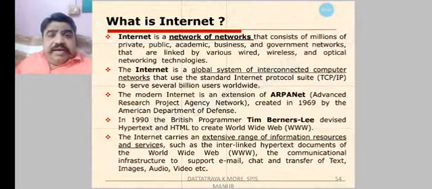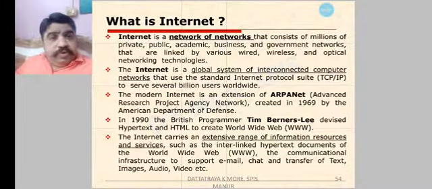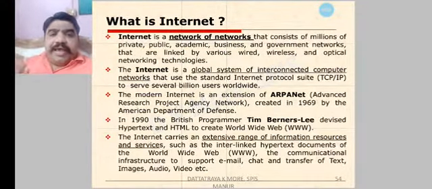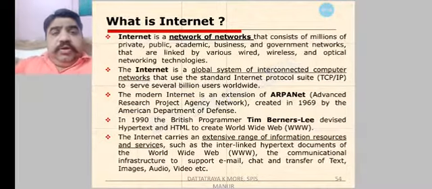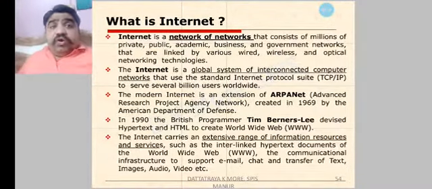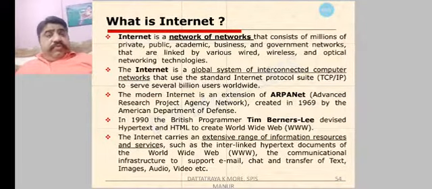The internet carries an extensive range of information resources and services such as interlinked hypertext documents of the World Wide Web (WWW), the communicational infrastructure to support email, chat and transfer of text, images, audio, video, animation, graphics, etc. So this internet is worldwide and is used by each and every person nowadays on an average.